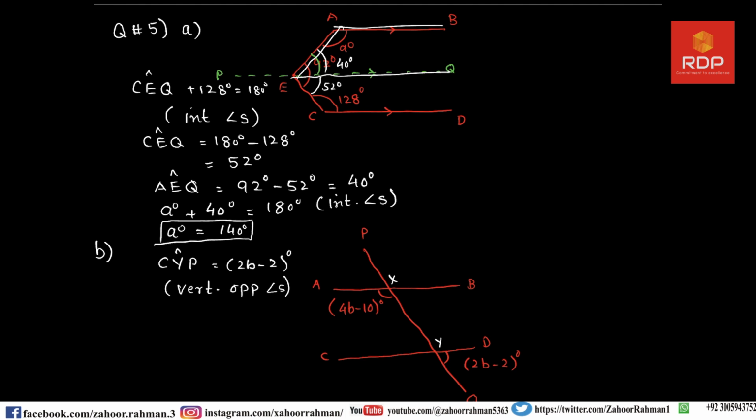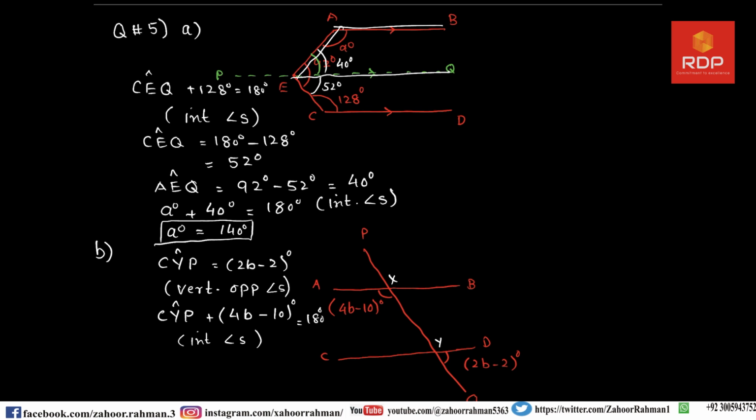Now we can say that CYP plus (4b minus 10) degrees is equal to 180 degrees, and that is the interior angles theorem.